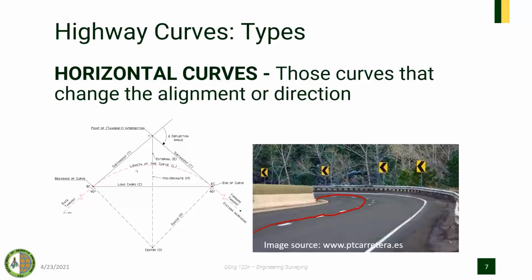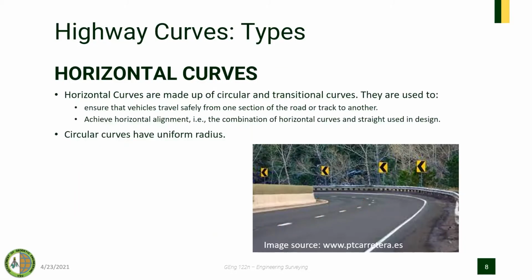This is the basic geometry of a simple curve. We will talk about this later. Horizontal curves are made up of circular and transitional curves. In circular curves, they have uniform radius.